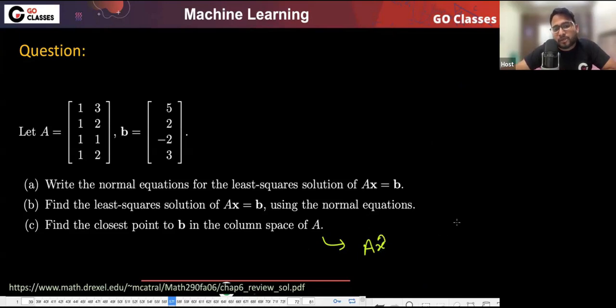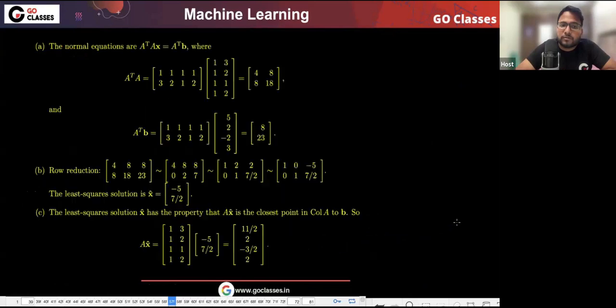No, x cap is not the projection. Closest point is actually the projection, which is A x cap. So basically, you can find A transpose A, you can find A transpose B, and you can solve for this x cap. And the closest point will be A x cap.